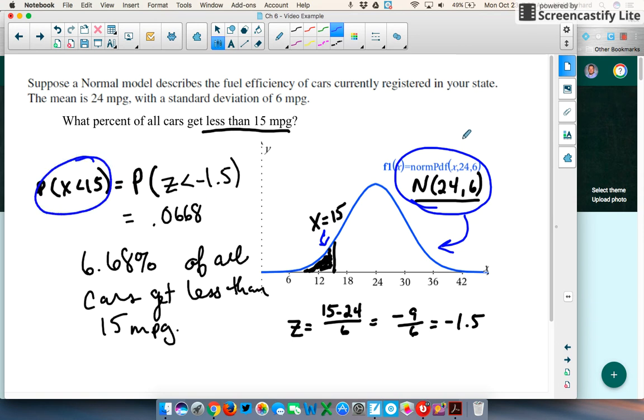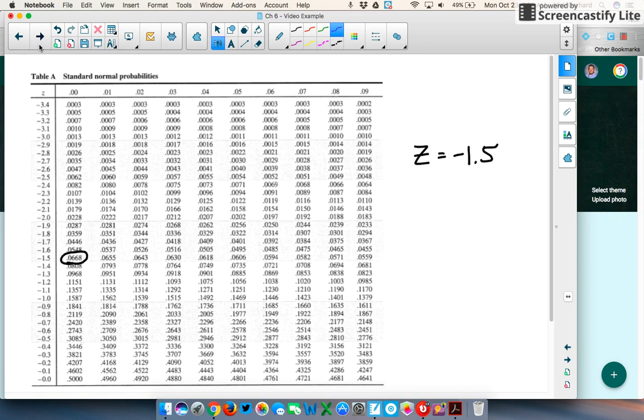So 1 is our parameters and model, 2 is our boundary, 3 is how we calculate the z-score and what probability that gives us, and 4 is the answer in context. When we set up these problems, those are the 4 things we're going to do. I'm going to do one more, and then we'll split up this video.